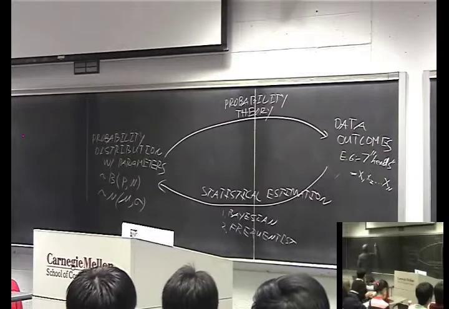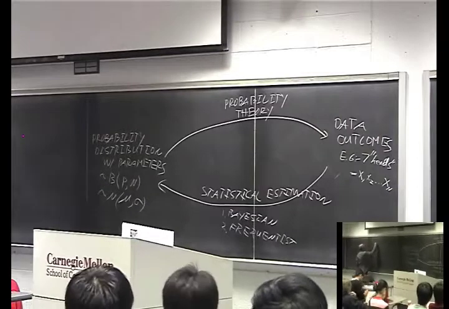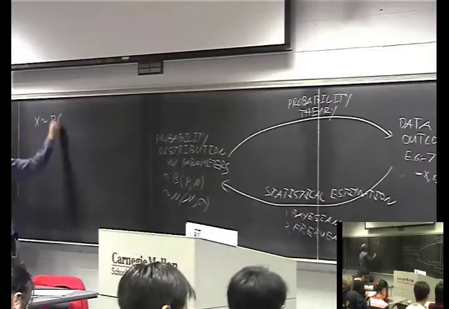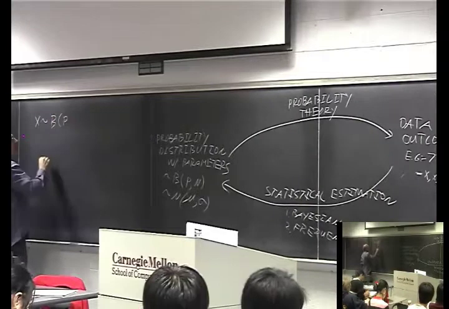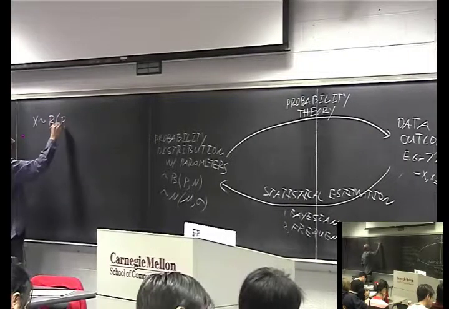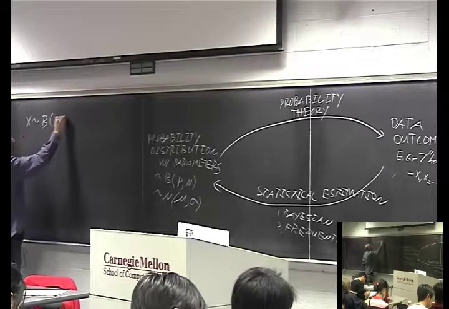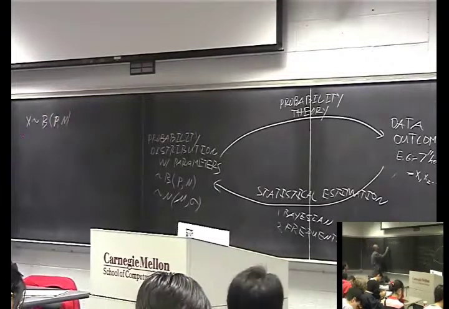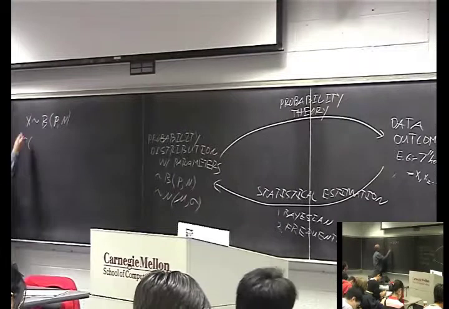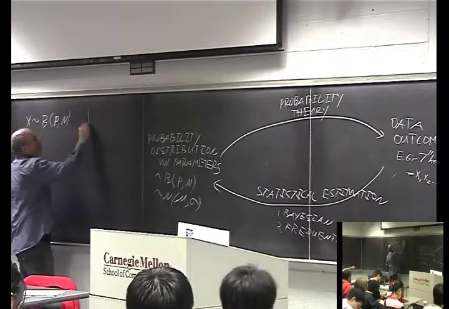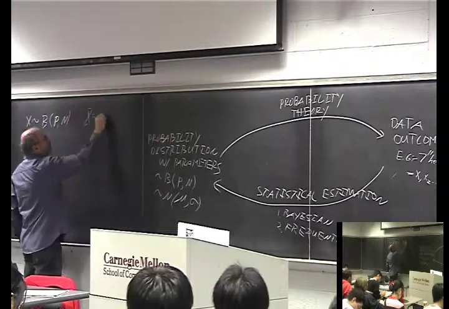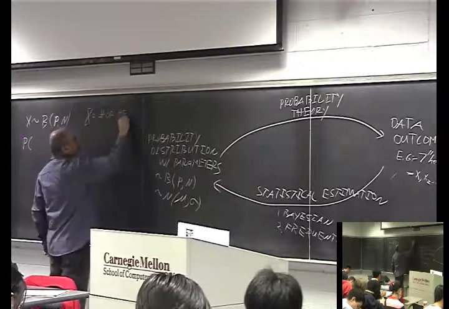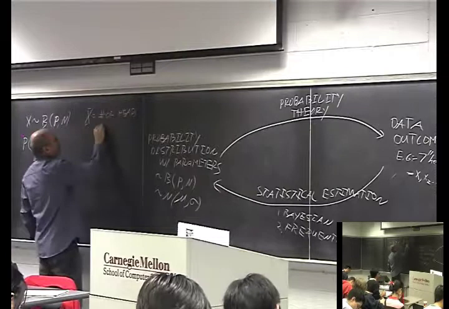You have some variable that's distributed binomially with probability of head, or of success, P, and n tosses of the coin. Let's say X is defined as the number of heads in n tosses.